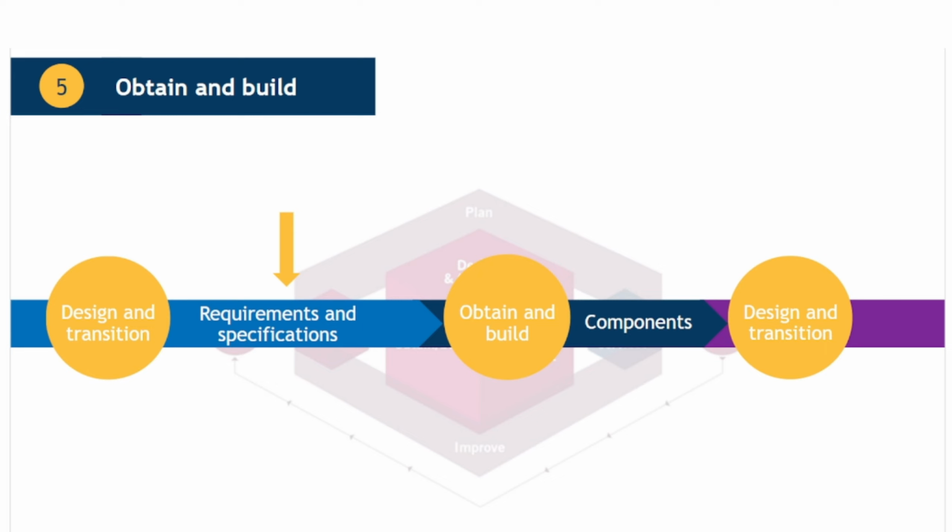The components themselves, obtained and built to these specifications, will be the output of this activity. These components will be made available where and when they are needed. For example, to Design and Transition to be deployed as part of a new product or service release, or to Deliver and Support as spare components for use in break-fix type activities.